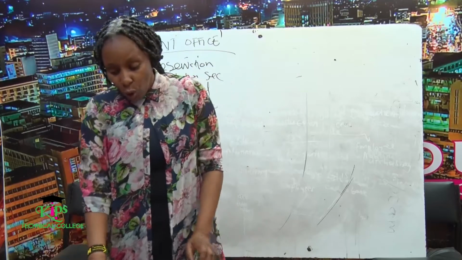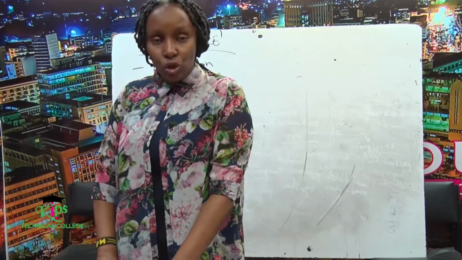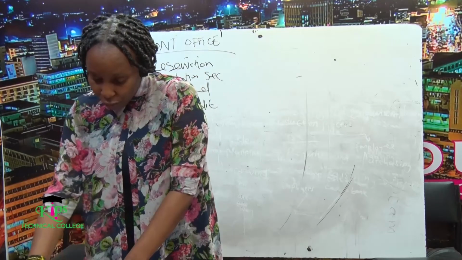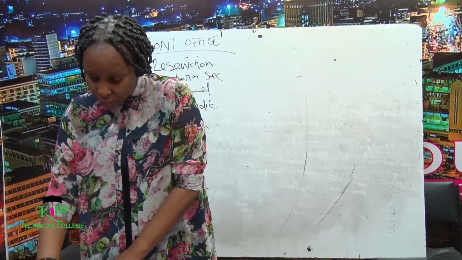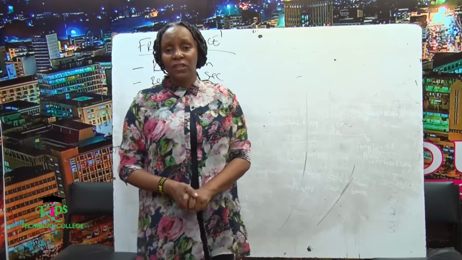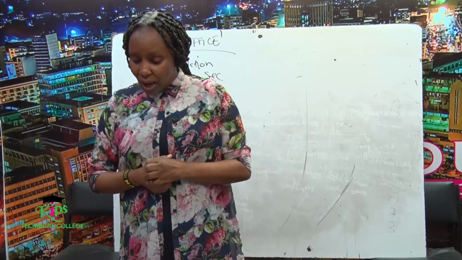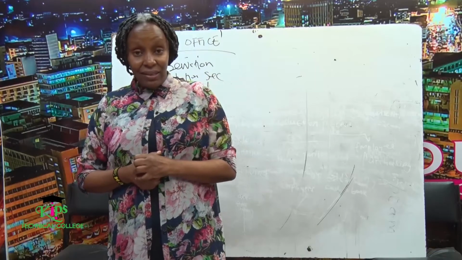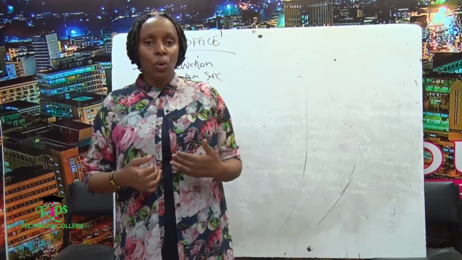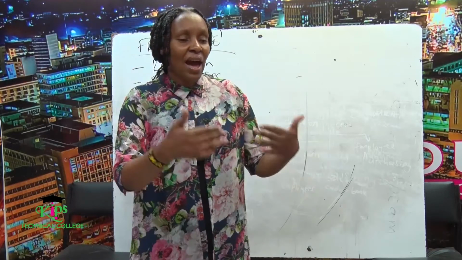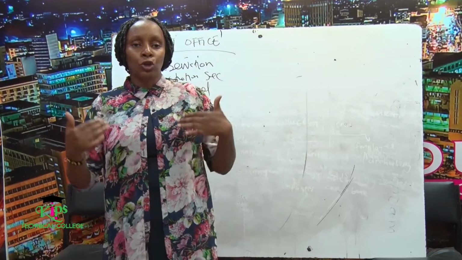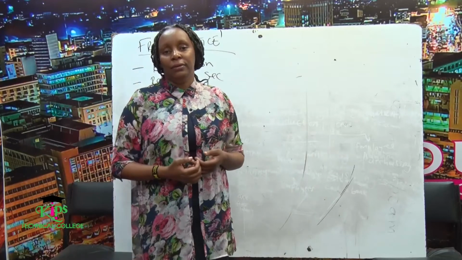Then we've got this other section that we call the front office section. The front office section is involved with receiving the guests. The guests come into our organization and are received at the front office desk.